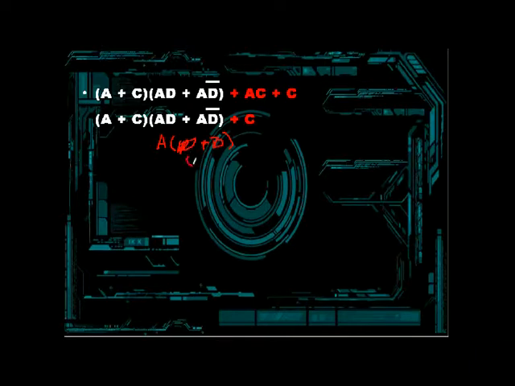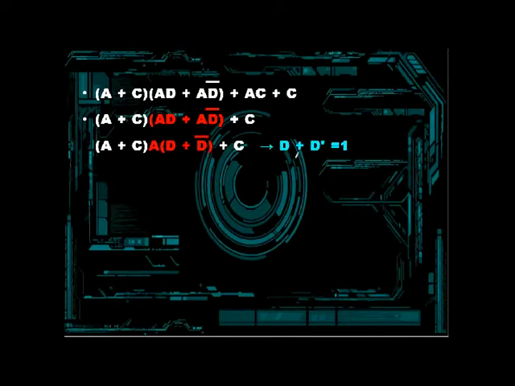If I add 0 or 1, 1 or 0, what is it going to give me? 1. So all this equals what? 1. D or D naught equals 1. I have A and 1. A and 1 is always what? A, not 1. Because 0 and 1 is 0. 1 and 1 is 1.